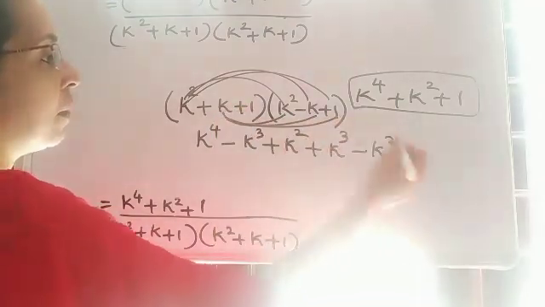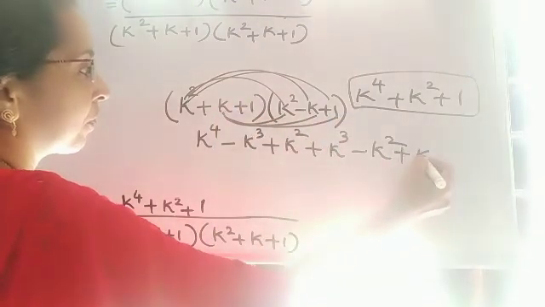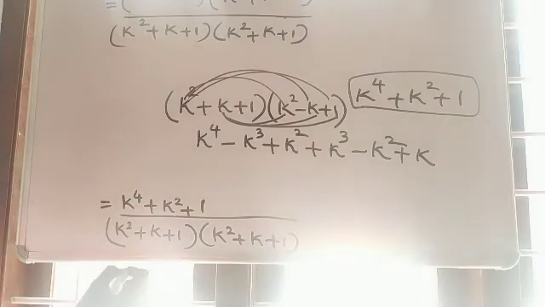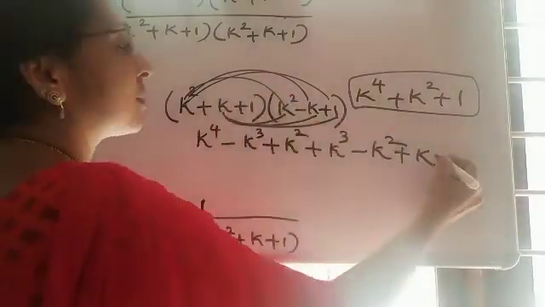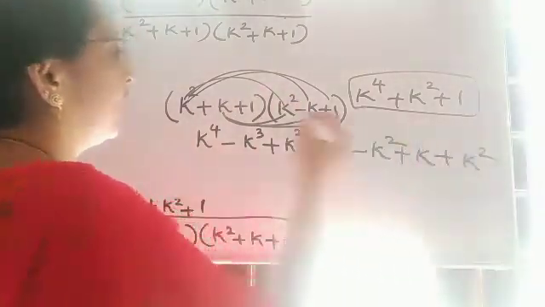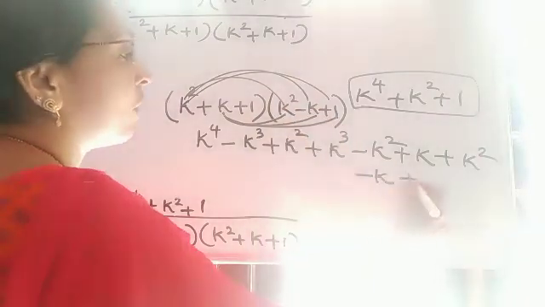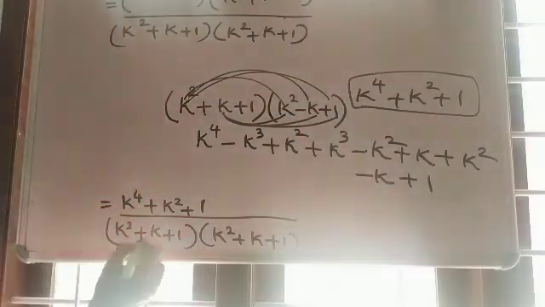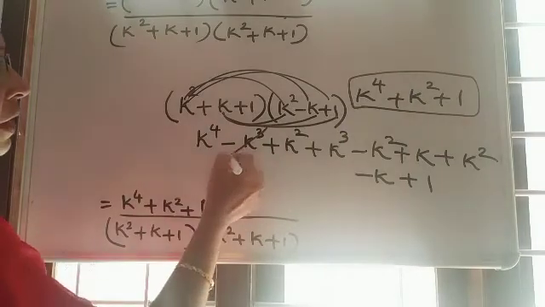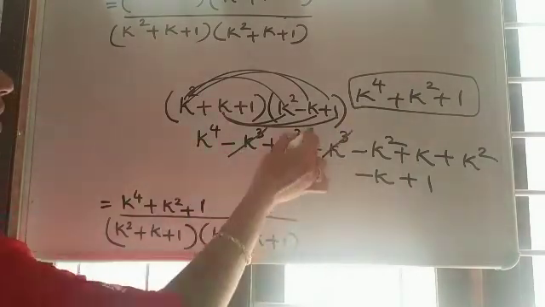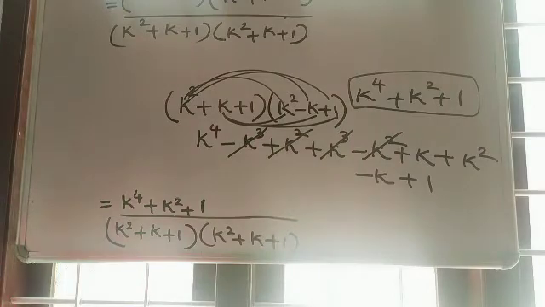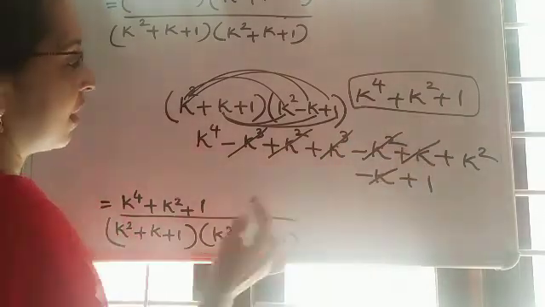Then here plus K. Then do with 1. 1 into K square is K square. Then 1 into minus K is minus K. 1 into 1 is 1. Okay. So K raised to 3 and K raised to 3 here cancel. K square we can cancel. Then K we can cancel.